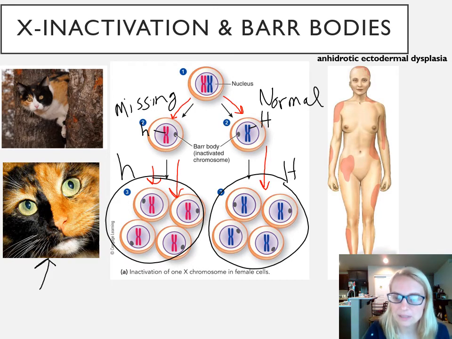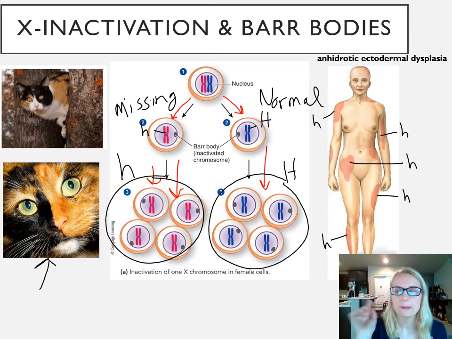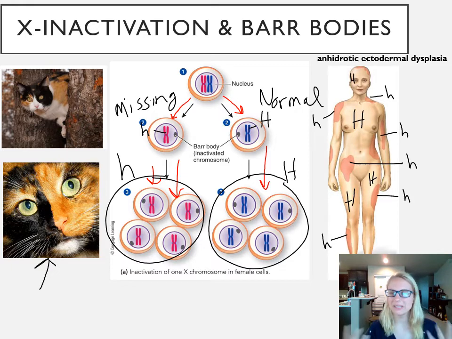So what that means is these little patches are going to be made from the cells that had the normal X chromosome inactivated, and all that was left was the recessive. And everywhere there's normal sweat glands, everywhere else on her body, that's all going to be the dominant allele. So it's a really interesting distribution of normal or dominant and recessive alleles because of this X inactivation.